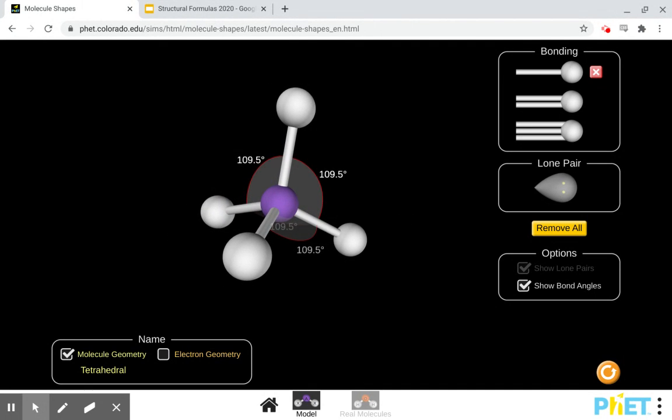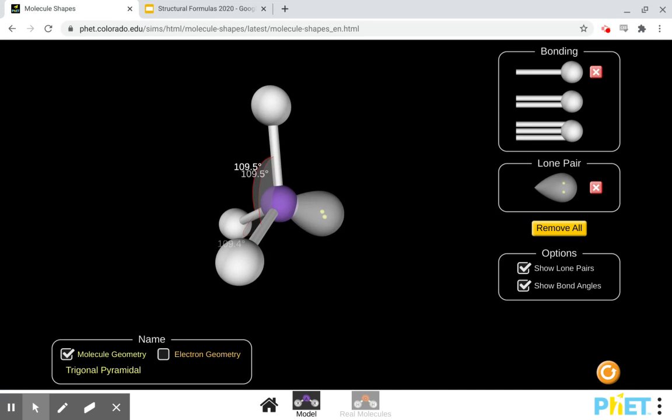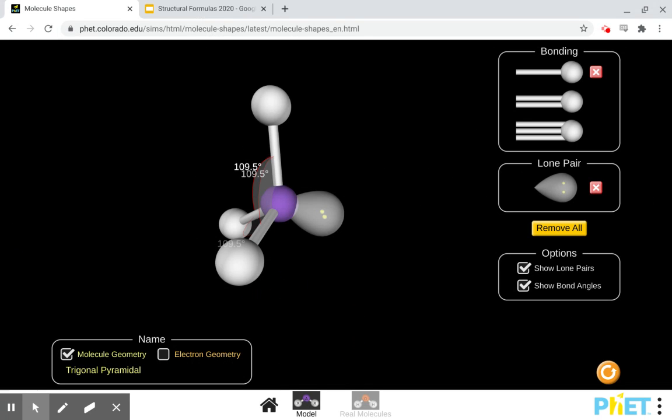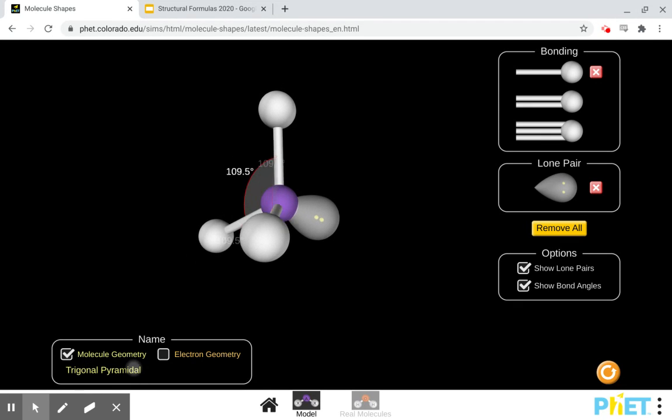So if instead of having 4 things attached to the atom in the middle, we had 3 things attached plus a lone pair of electrons, for instance, in sulfite down here, SO3 with a -2 charge, that lone pair of electrons makes this shape what's called trigonal pyramidal.